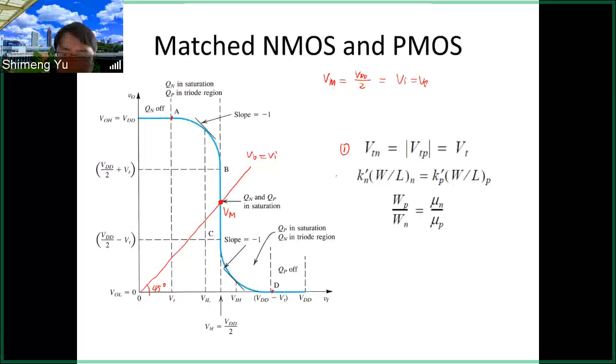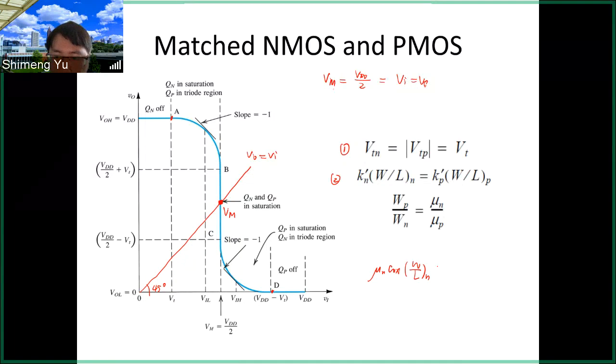So this is like the current, you know, is mu n COX W over L n. And then you have the voltage term (VGS minus VT) squared. And in the Vm point, this will be Vm, and it will be half VDD. So this is the NMOS current.